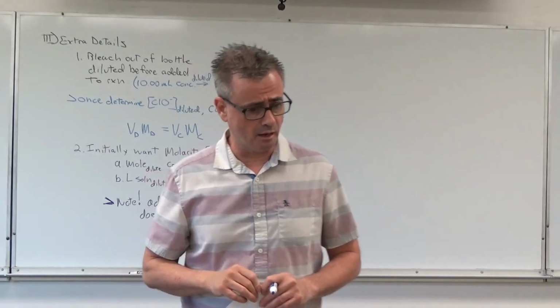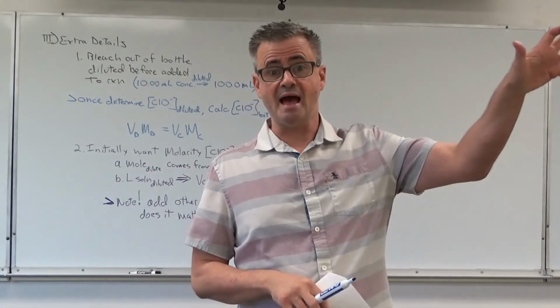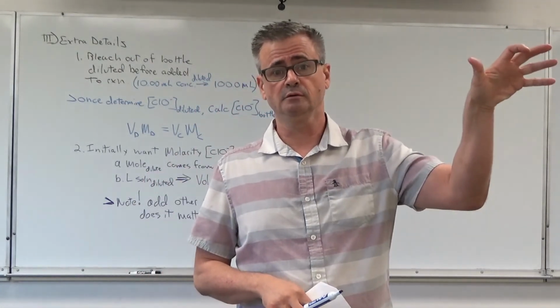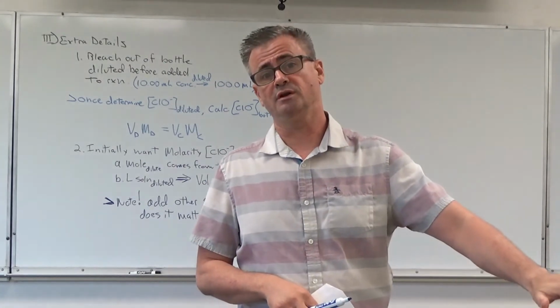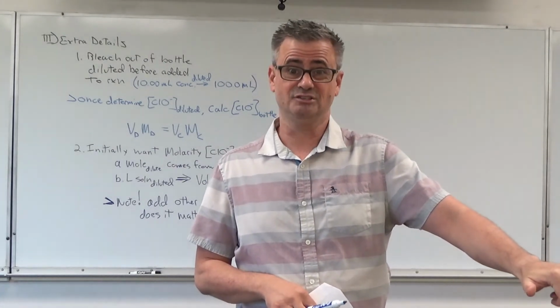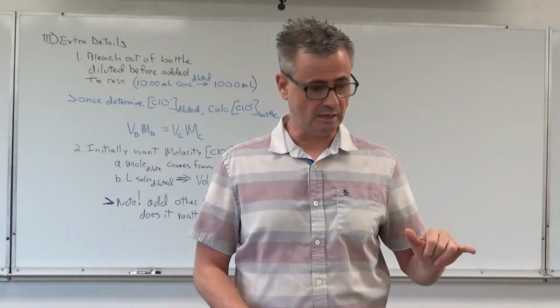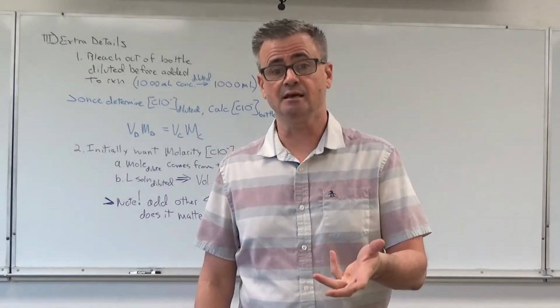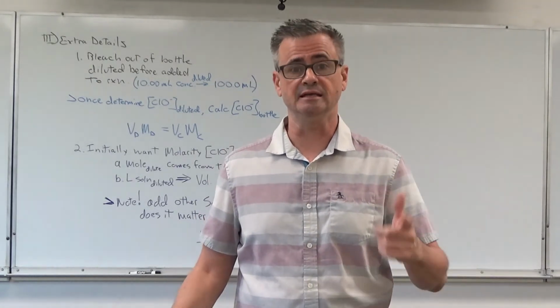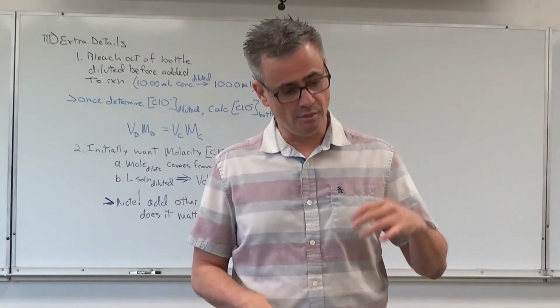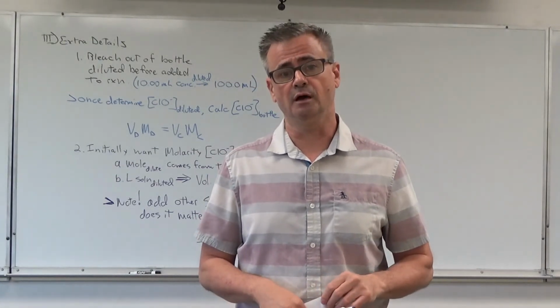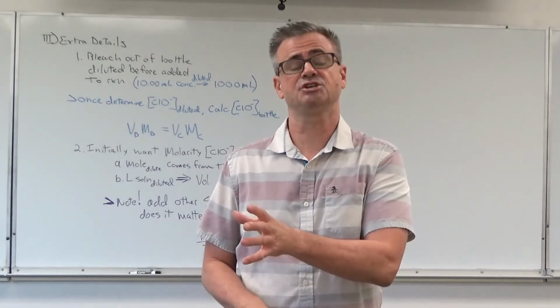And that will be our numerator. Then we need to think about what is the mass of our solution. Well, we can use the known density, that's in the worksheet, by the way, of bleach out of a bottle.